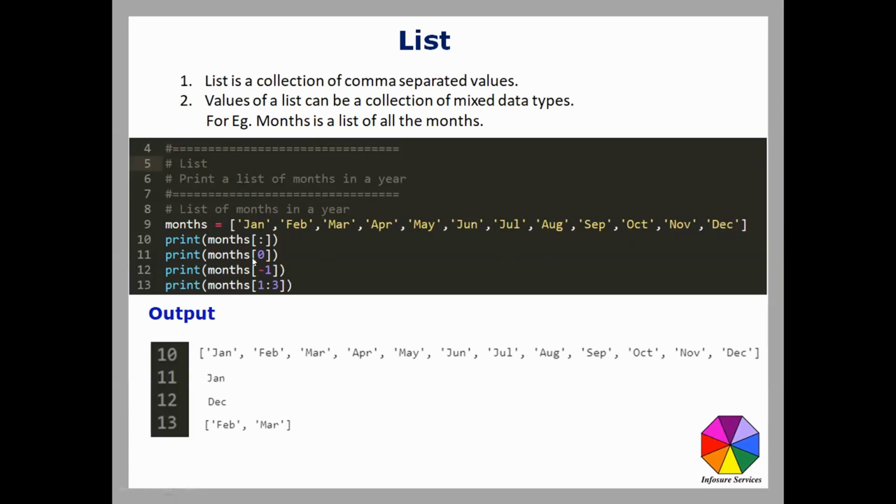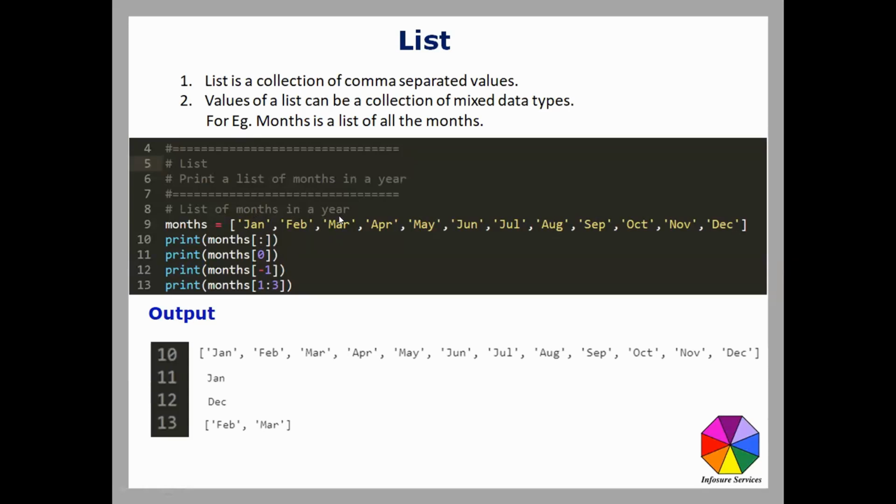And I can have a slice, meaning 1:3. In a slice, it doesn't take the last value. The ending value is ignored. Sorry, 1 is Feb here, 1 is not Jan.